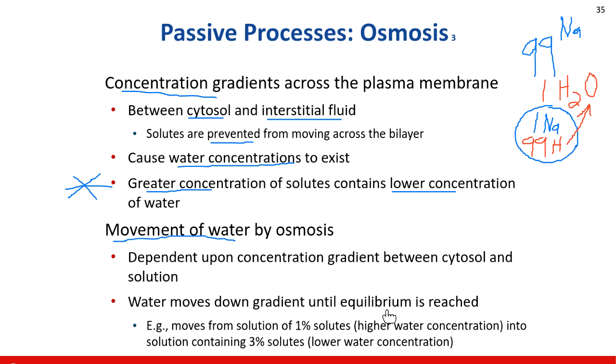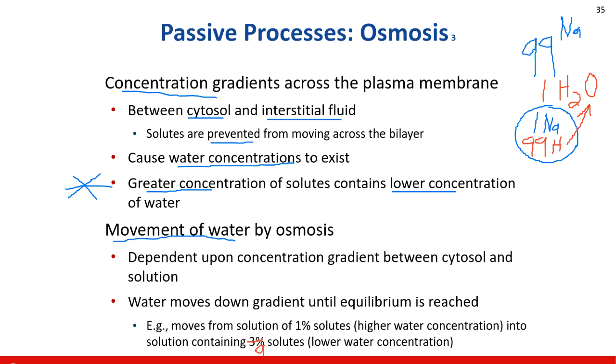We can see in this case here that it's going to move. Now the example here is 1% solutes and 3% solutes. We can scratch that out and say, instead of 3% solutes, our example was 99. Regardless, it doesn't matter.